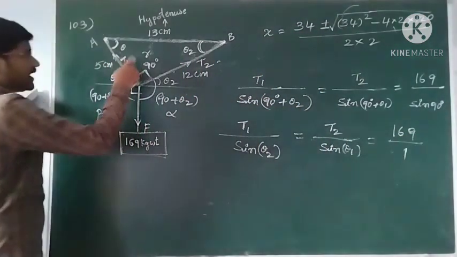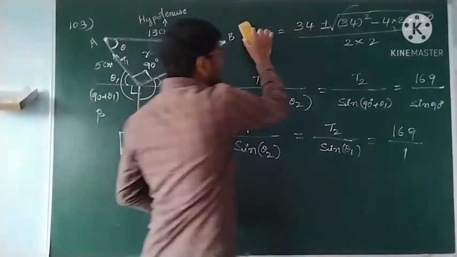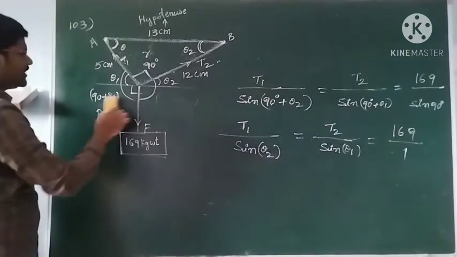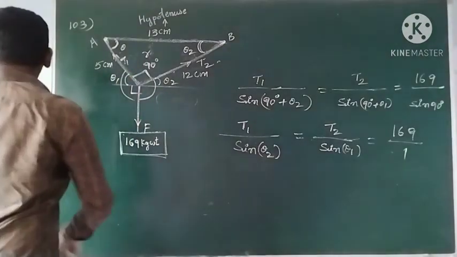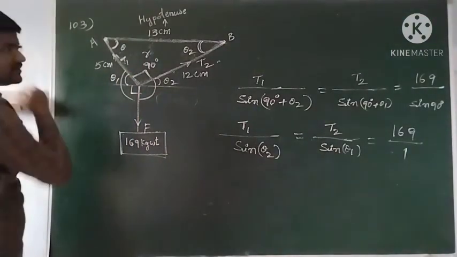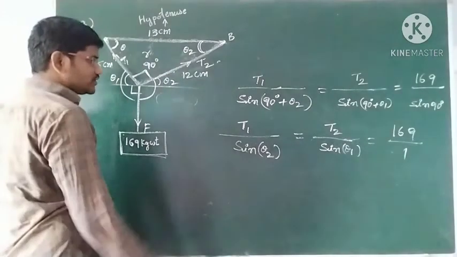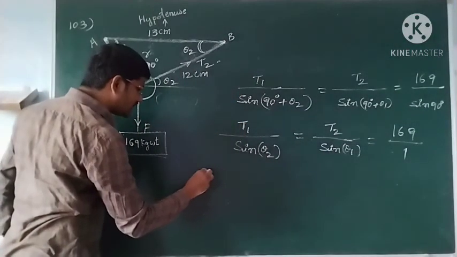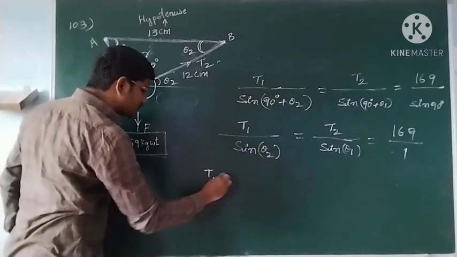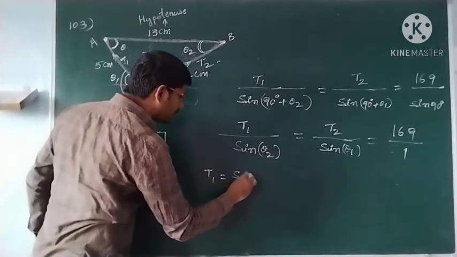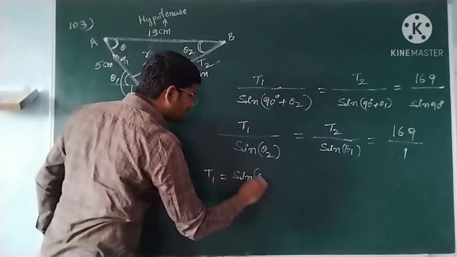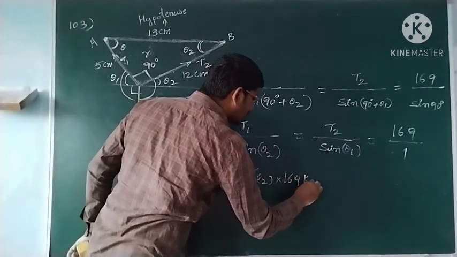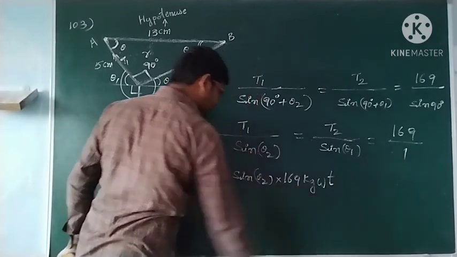And in this triangle we can calculate sin theta 2. Okay, students. So equate these two. T1 is equal to sin theta 2 into 169 kilogram weight.